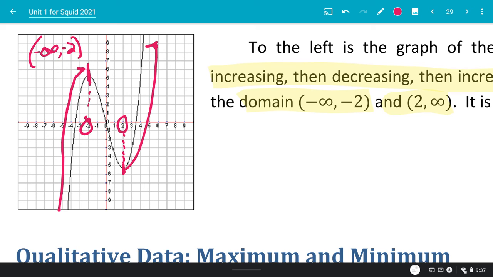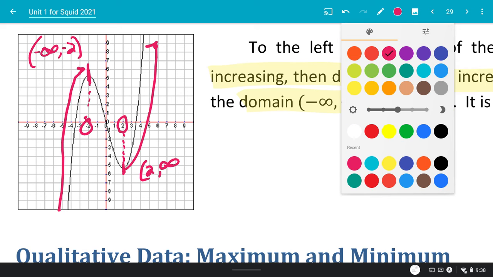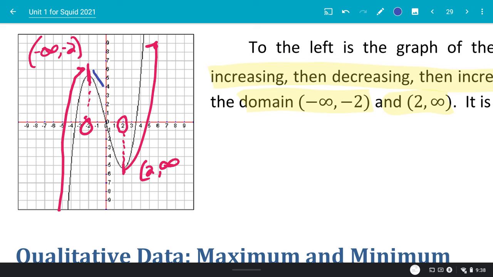But it's also increasing from 2 to infinity. Are you with me? Okay, what's it doing in the middle there? It's decreasing. Where is it decreasing? From negative 2 to 2. I know I didn't spend a ton of time on that, but I hope that you can see that. We can look at the domain and tell you when it's increasing and when it's decreasing.